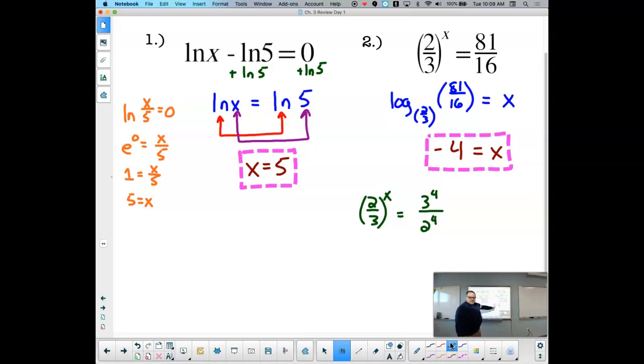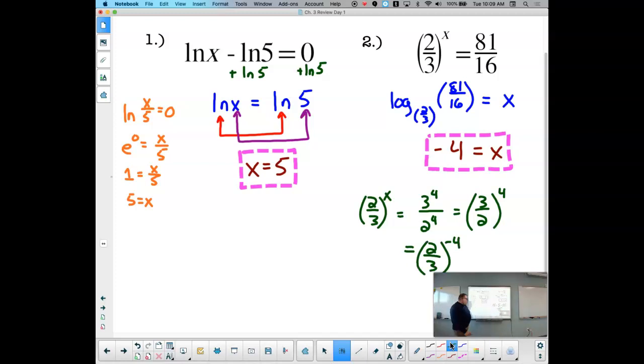Still not 2/3 yet, but this would be like 3/2 to the 4th power. Still not 2/3 yet, but if I remember, I can reciprocate if I negate my exponent.